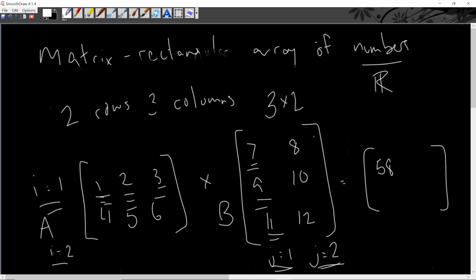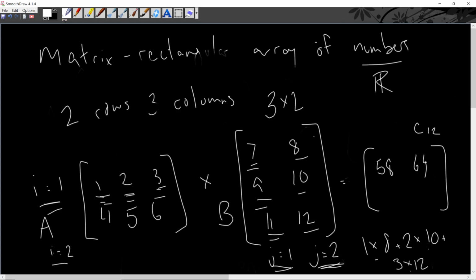So we have 1, 2, 3 times 8, 10, 12. So we're going to have 1 times 8 plus 2 times 10 plus 3 times 12. So it's going to be 8 plus 20 plus 36. 8 plus 36 is 44, plus 20 is 64. So that will be C12, where i equals 1, j equals 2.